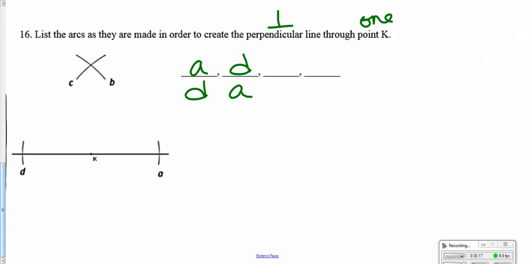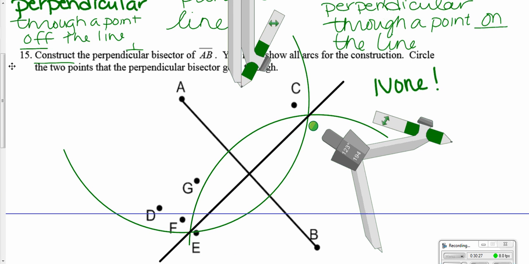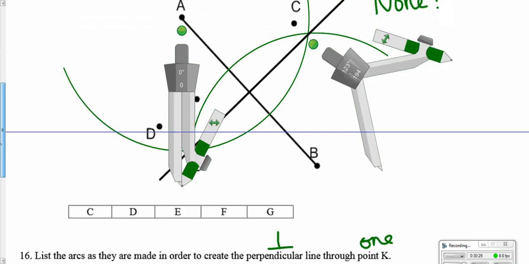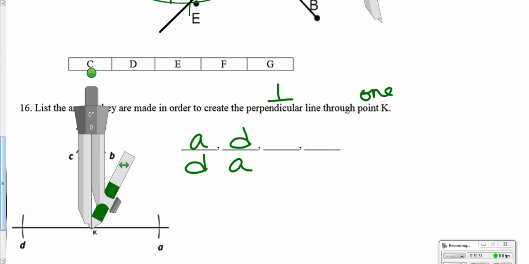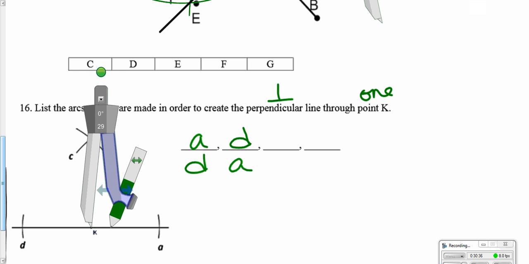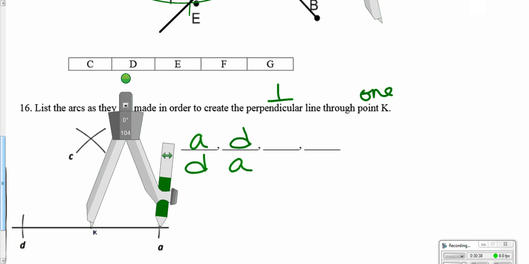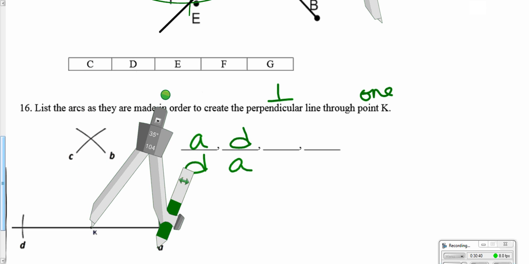So from there, then I would take my compass. Let me walk through this with my compass, actually. As we see, the first thing I would do, put my compass at point K. I'm going to go to A first, draw my arc.